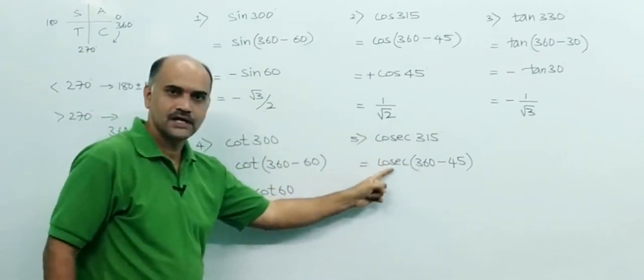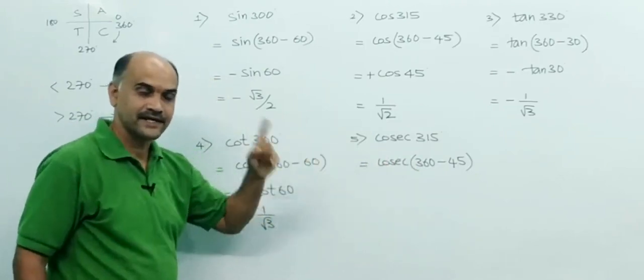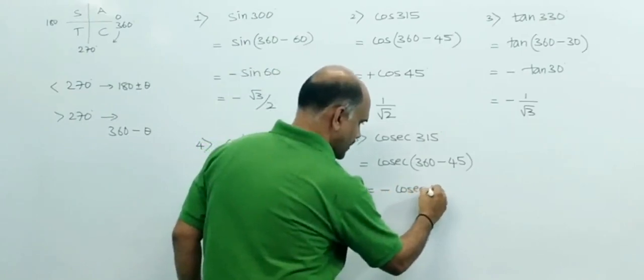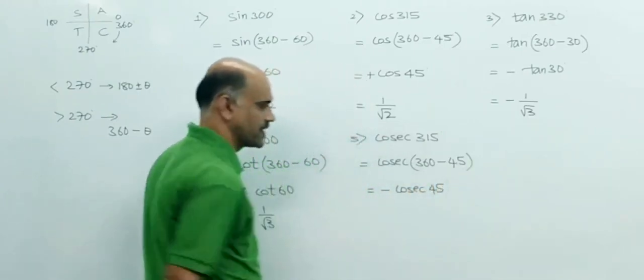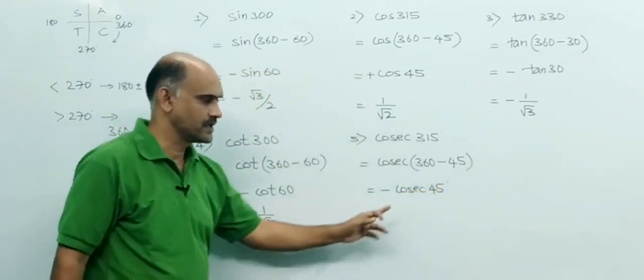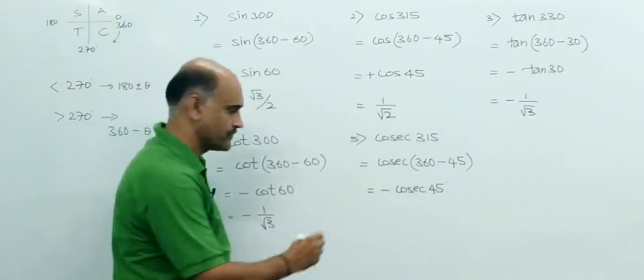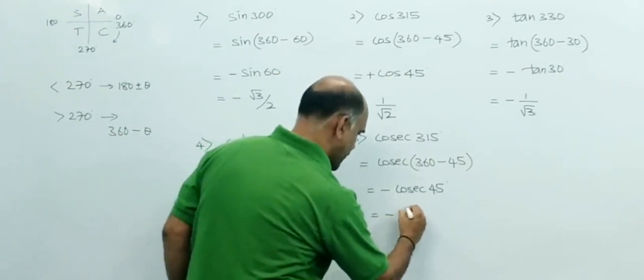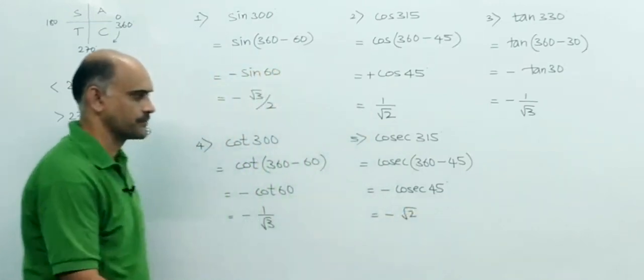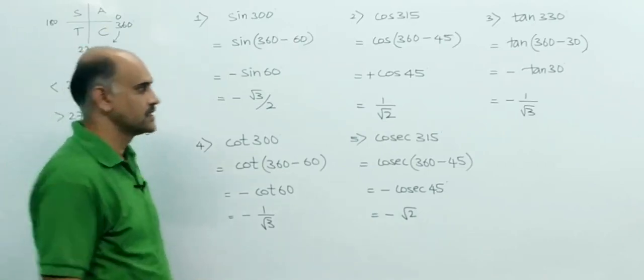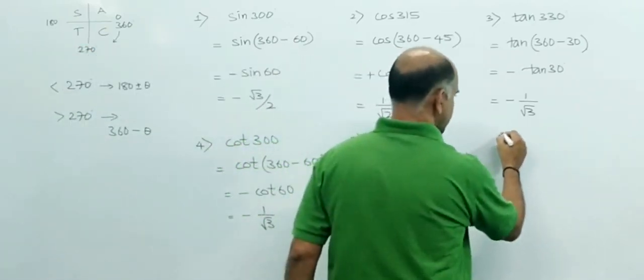In the fourth quadrant, cosec is negative. So you will have minus cosec 45. Now substitute the value. Sin 45 is 1 by root 2, cosec 45 is root 2. So minus root 2. Clear, students?